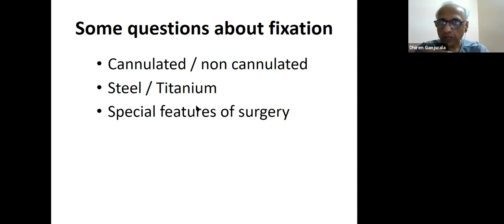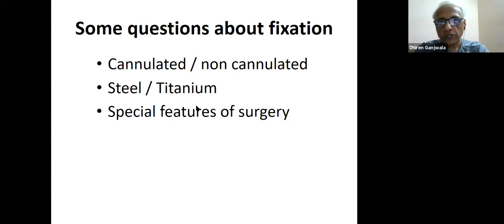So you can make sure that your screw tip has not protruded through the cartilage. That's the advantage of the cannulated screw over the non-cannulated screw. Mechanically, the non-cannulated screw is stronger, but the advantages are ease of insertion and that you can check whether the tip of the screw has penetrated the articular cartilage.